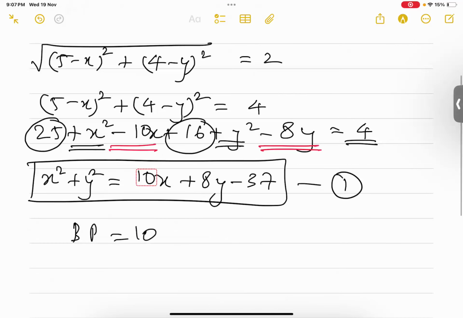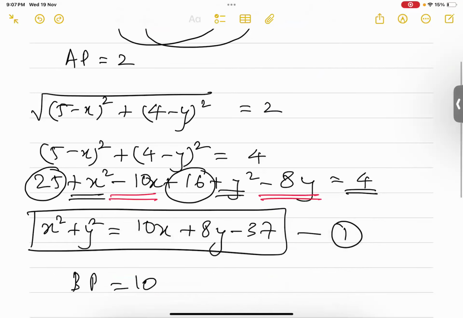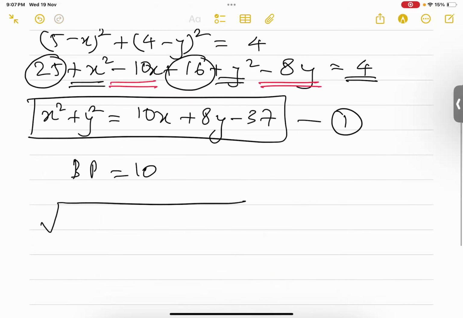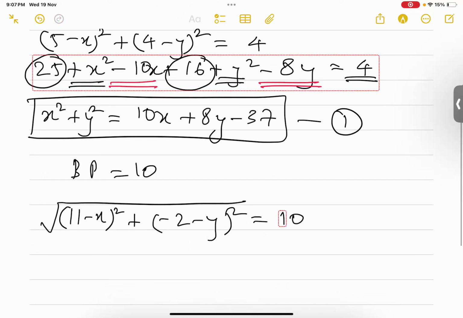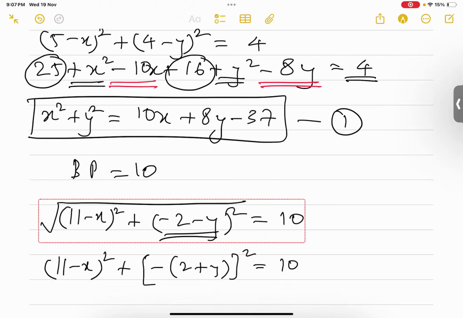Now again I'm going to apply the distance formula: (11 minus x) the whole square plus (minus 2 minus y) the whole square equal to 10. Squaring both the sides: (11 minus x) the whole square plus, taking the minus sign common, (2 plus y) the whole square equal to 100.